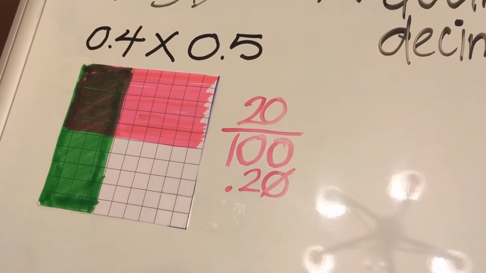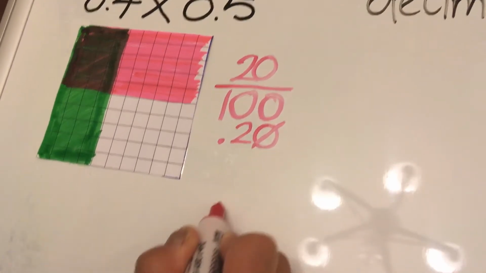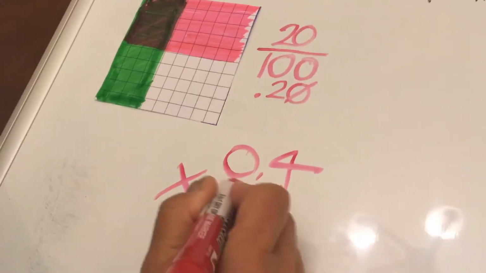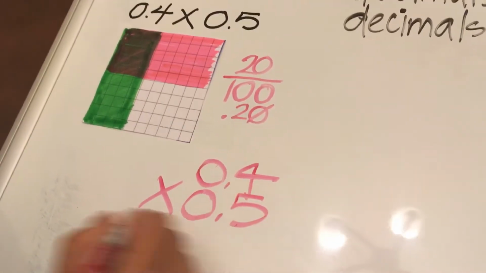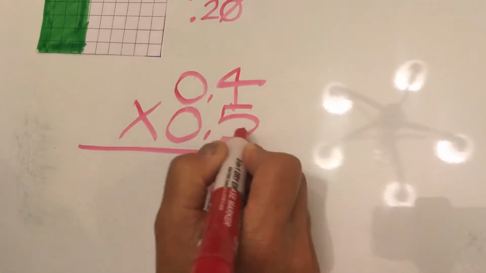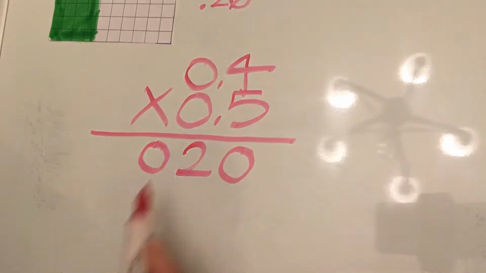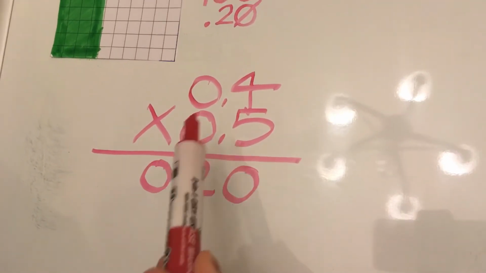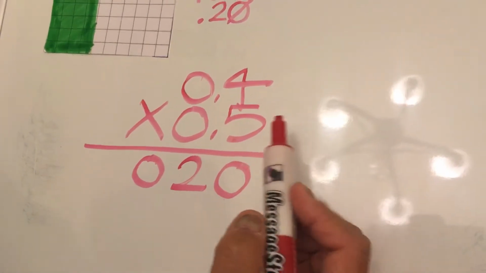Now let's solve it with the standard algorithm way just to make sure we have it correct. So 4/10 multiplying by 5/10, I'm going to treat it as if it's whole number. So 4 times 5 gives me 20. 5 times 0 obviously is 0. My tens place have nothing, so I'm not going to worry about that. Now, because this is decimals, we're going to count decimal places.